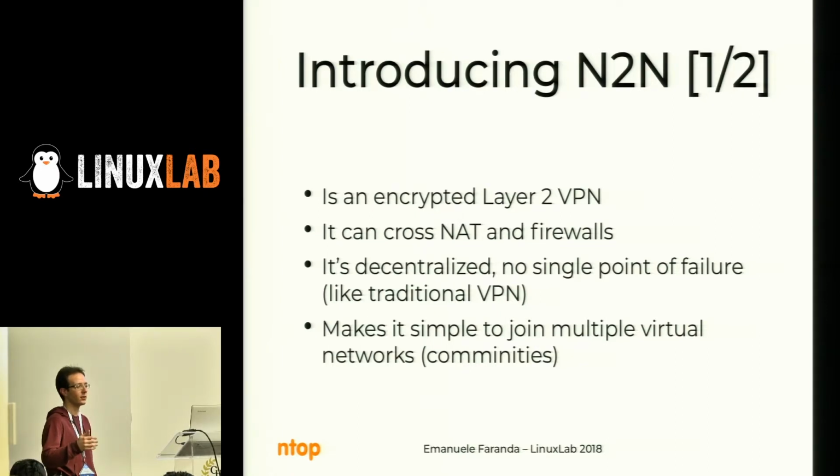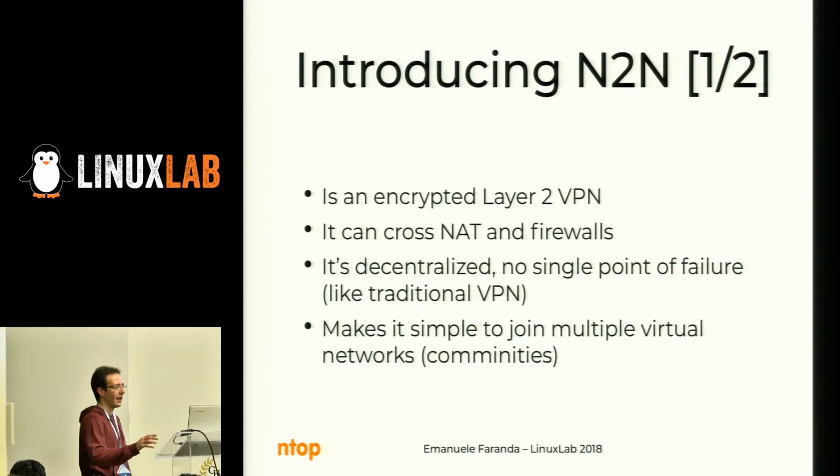You are not limited to the IP protocol. And n2n can cross NAT devices and firewall devices. So no matter how many NAT and firewall devices are between you and the other device, you can connect to it directly. And it is decentralized.